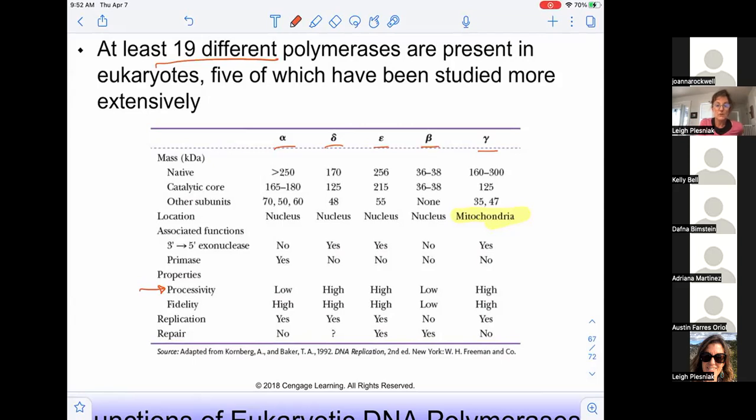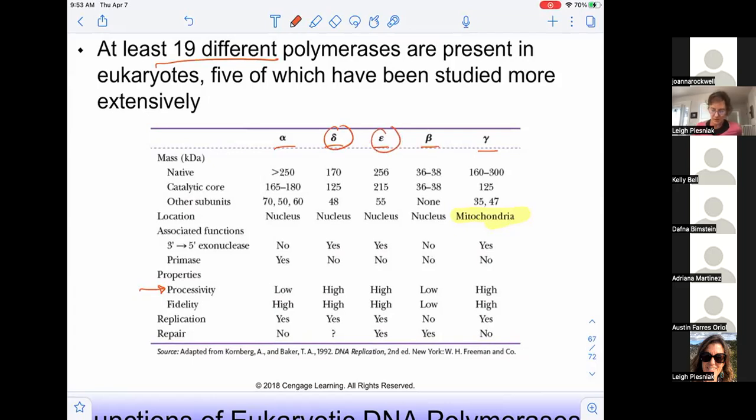Yeah, unfortunately, on this table, they don't give us actual numbers, but we're going to be looking for a very highly processive DNA polymerase, right? So the ones that are highly processive are delta and epsilon. So it's going to be one of those two.